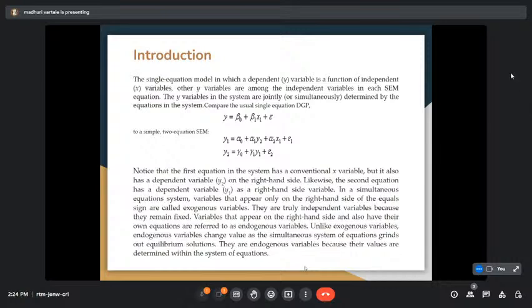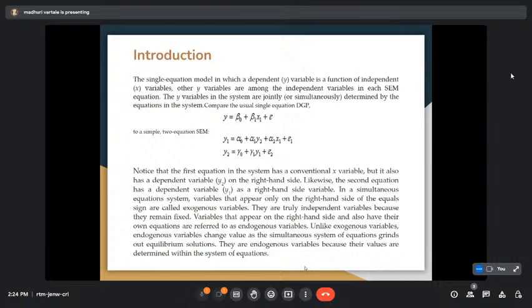See, y1 equals alpha 0 plus alpha 1 y2 plus alpha 2 x1 plus error 1. And y2 equals y0 plus y1 plus error 2. So these are the two examples. In the second example, you can see that it has a dependent variable y1 as a right hand side variable.